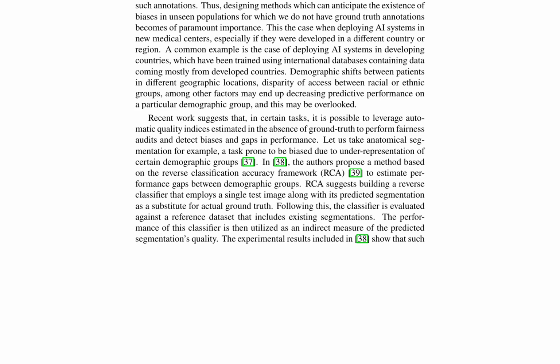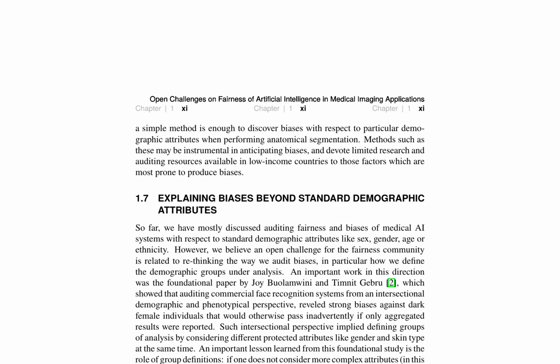This involves building a reverse classifier that employs a single test image along with its predicted segmentation as a substitute for actual ground truth. The performance of this classifier is then used as an indirect measure of the predicted segmentation's quality. Auditing fairness and biases in medical AI systems is crucial, particularly in medical imaging applications.